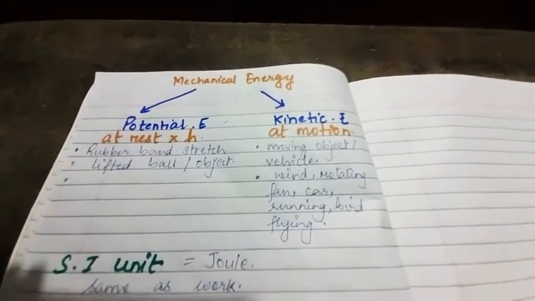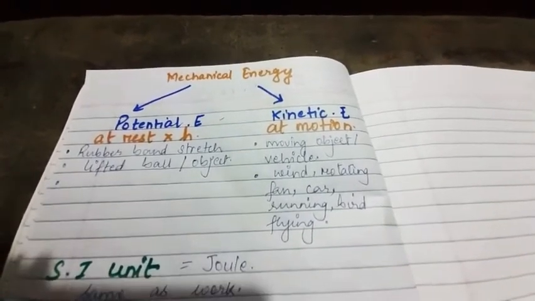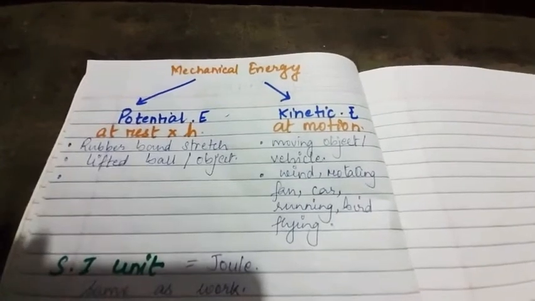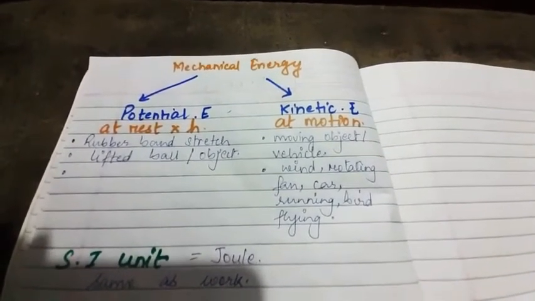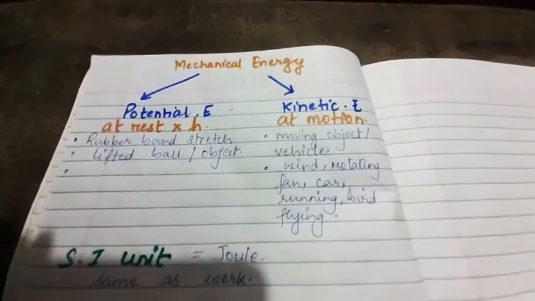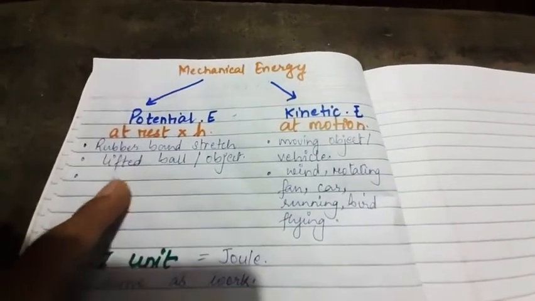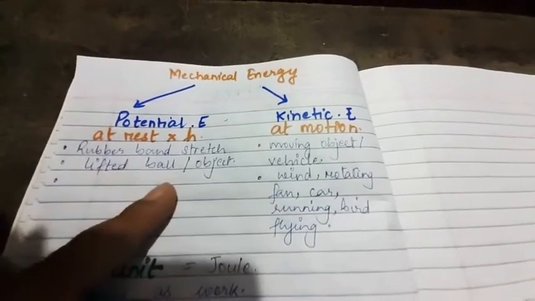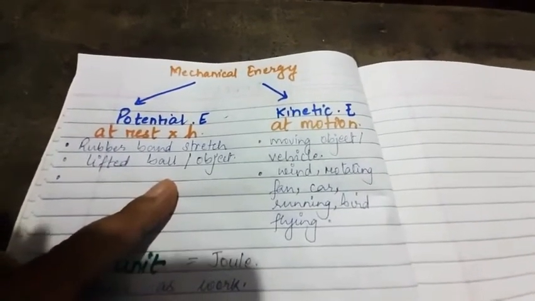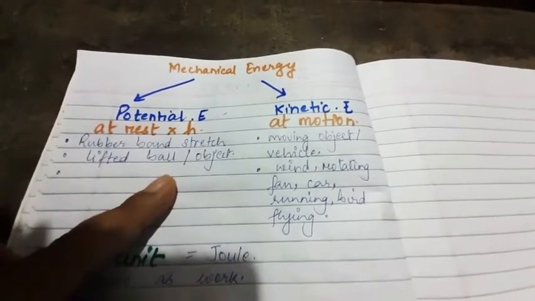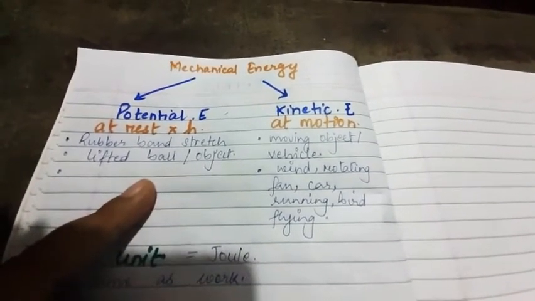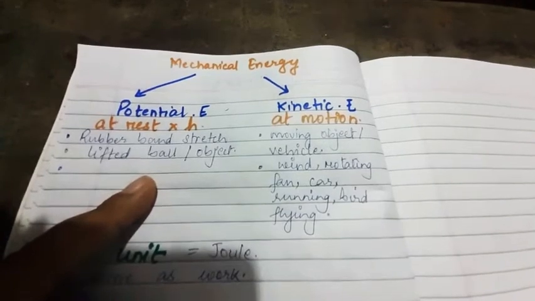Like I told you, potential energy is contained in a body which is at rest, meaning the body is not moving but the body has been lifted to a certain height. Another example is a ball or object which is lifted. When we lift any ball or object in the upward direction, then that object will contain potential energy. Suppose I'm taking a ball and I'm lifting it up.